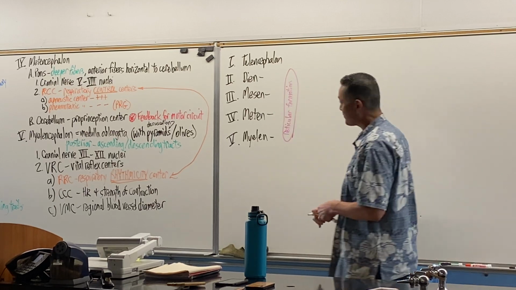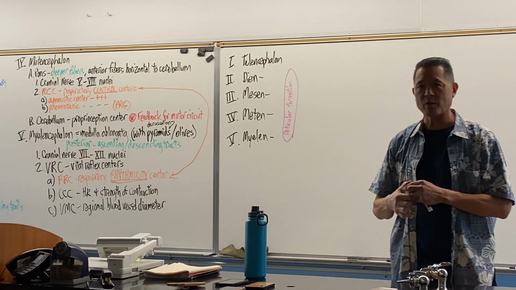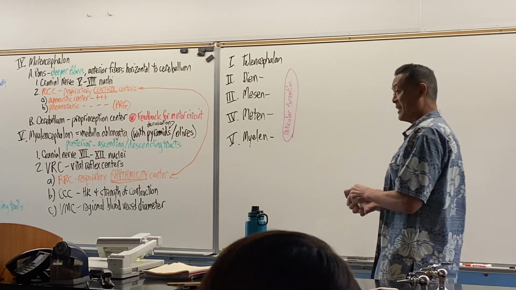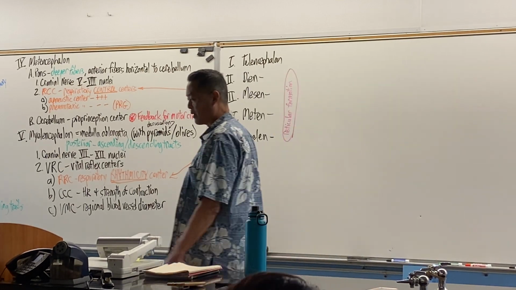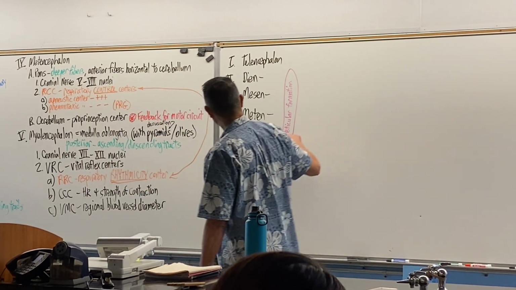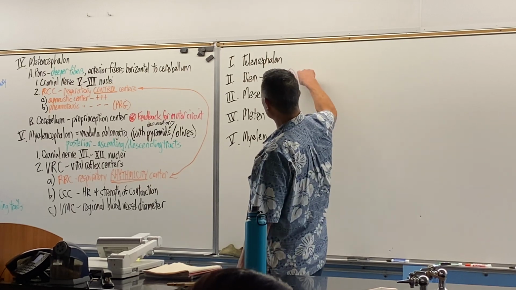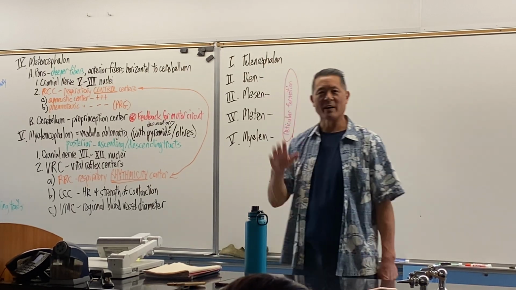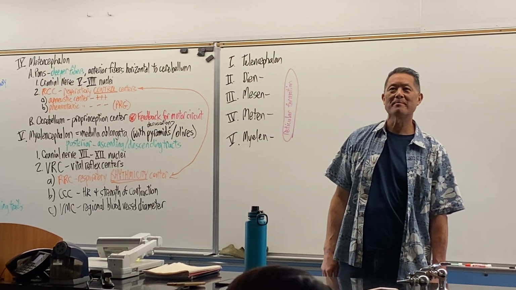Reticular formation is a collection of gray matter that actually extends 4 out of the 5 lobes. It starts down in the medulla, but as it says here in the spinal box, it goes all the way up to diencephalon, 4 out of the 5. Everybody see that?